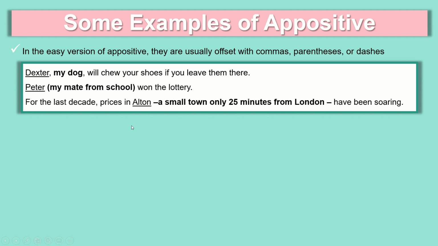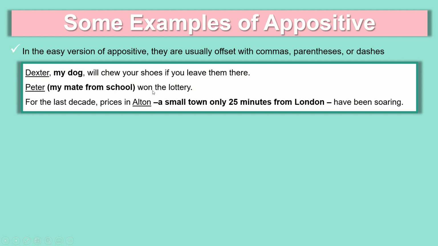Dexter, my dog, will chew your shoes if you leave them there. See, the appositive that explains who Dexter is is placed within the commas. The other appositive, my mate from school, is the appositive that shows who Peter is, placed within the parentheses.